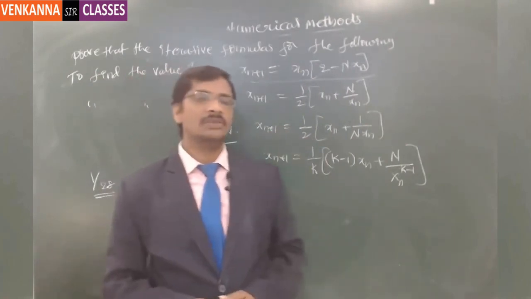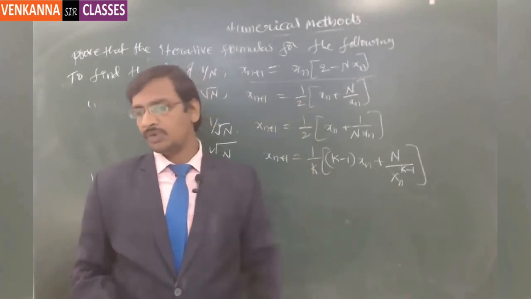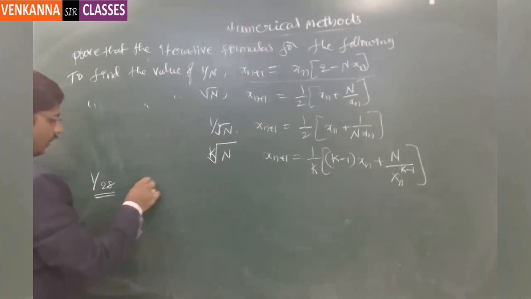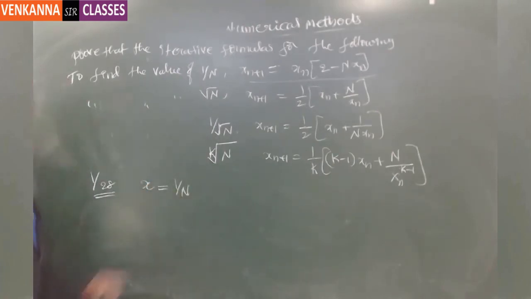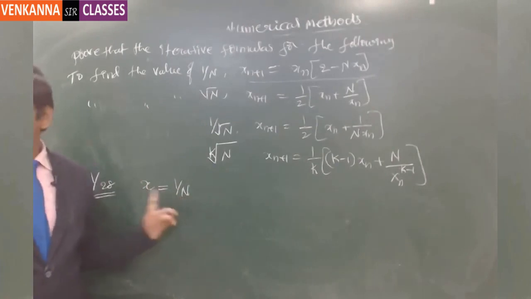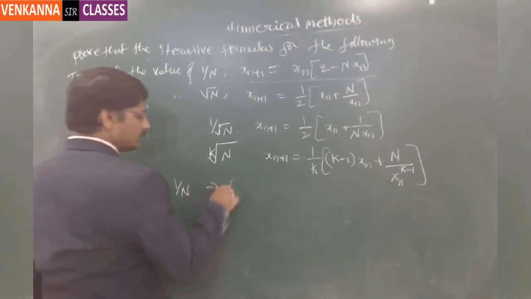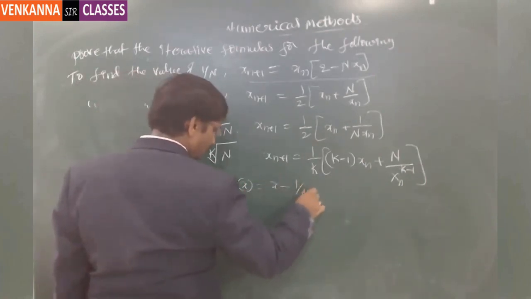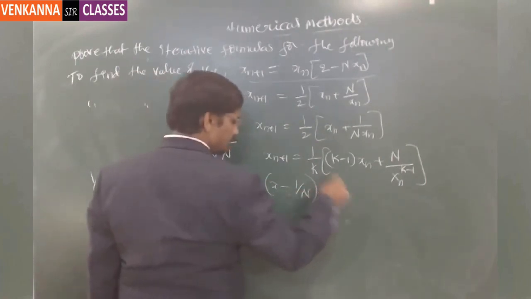All these formulas you can derive with the help of the Newton-Raphson method itself. Suppose I want to identify x equal to 1 by n, where n is equal to 28 here. You can write the function as f of x is equal to x minus 1 by n, where x minus 1 by n is equal to 0.